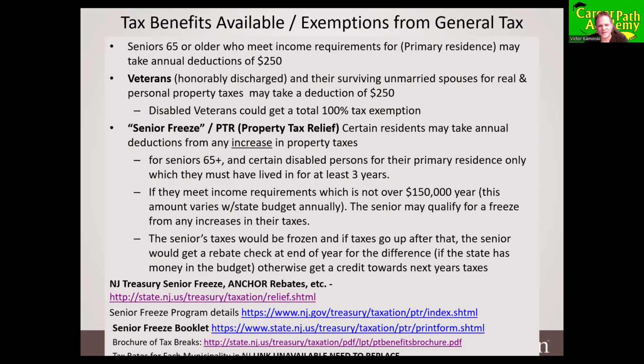Okay. So while they expand some deductions and tax breaks, they get rid of others. It's a shame because this flyer that used to be at this link had all kinds of other tax breaks available for anybody in the state, whether they were seniors or farmland or building in urban enterprise zones and all kinds of other stuff.